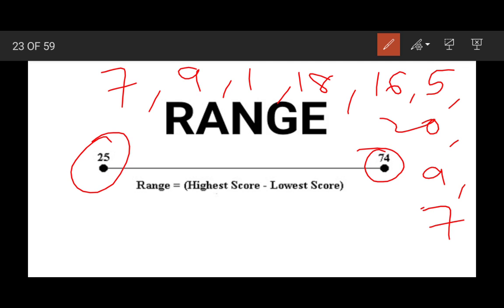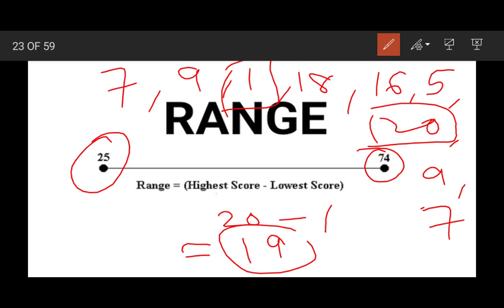So for that, a very simple method is to find the highest value and the lowest value, then highest score minus lowest score gives you the spread of data. So from 20 to 1, my data is scattered, and my range is 19.